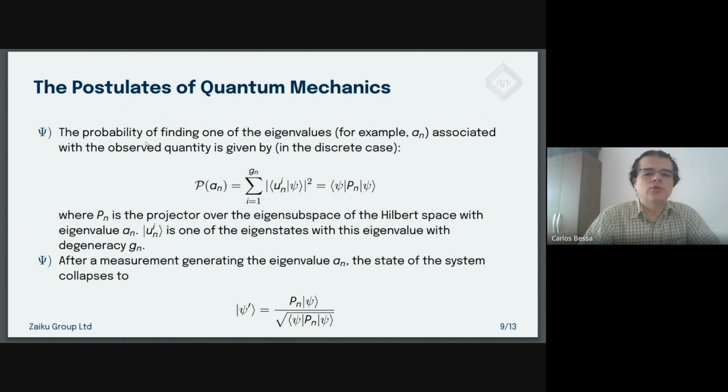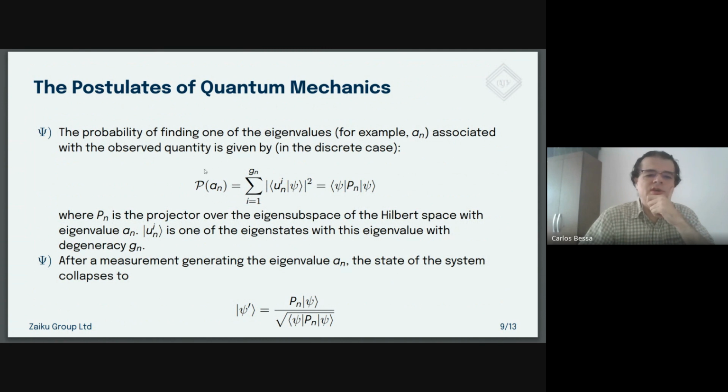And the probability of finding one of the eigenvalues, for example eigenvalue An, associated with the observed quantity, is given, in the discrete case (we can also have the continuous case, but here I'm showing only the discrete case), by this expression.